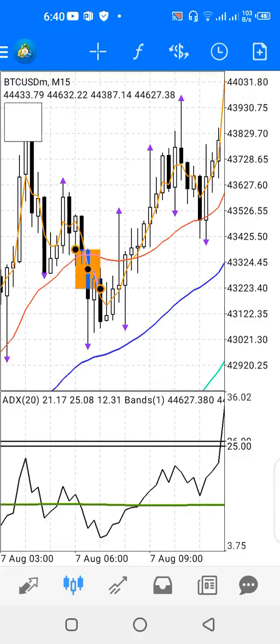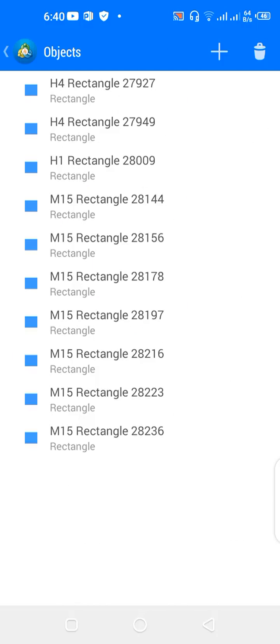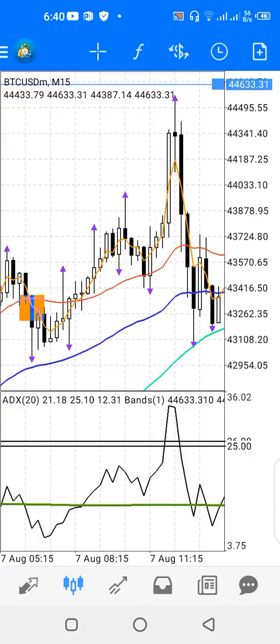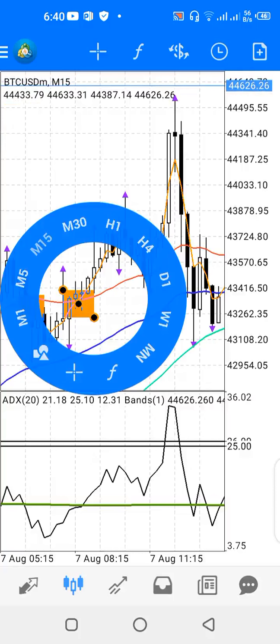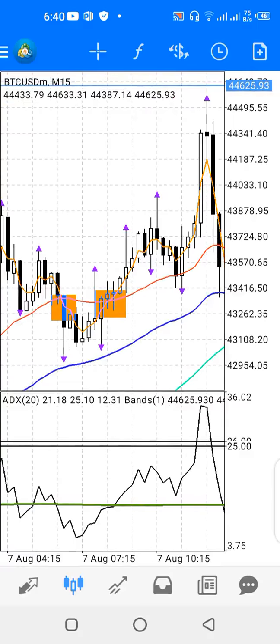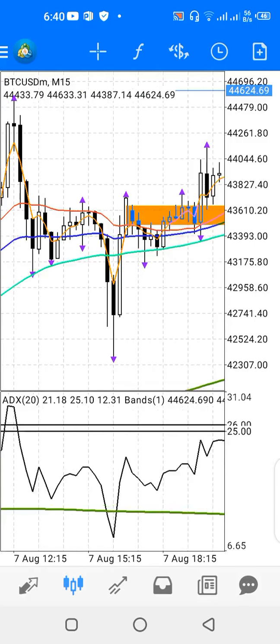Price dipped around here, so you apply caution, and then you have price coming out, floating and then closing above the red line somewhere around there. So that's a good place for you to buy.